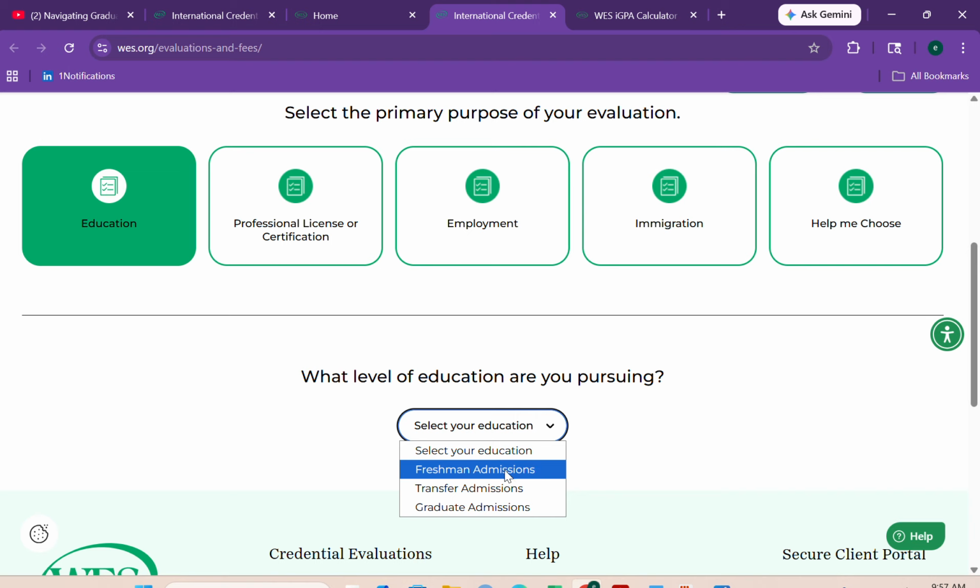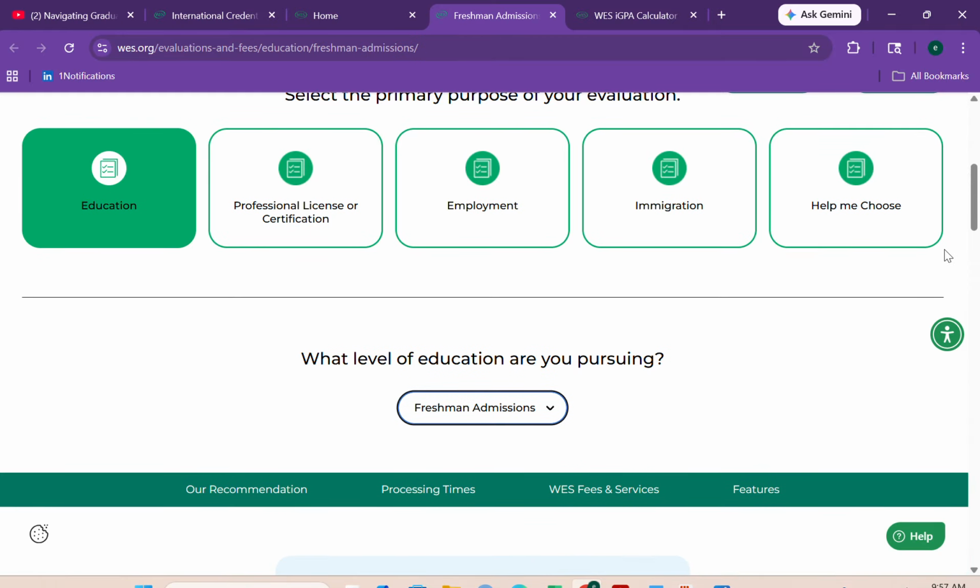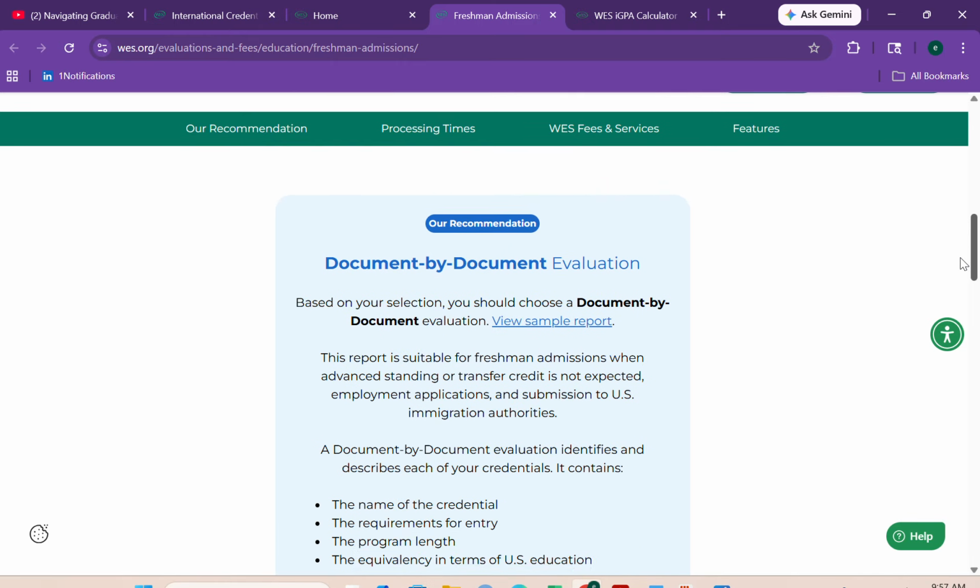If you are, let's say, from Ghana, and you are applying to study undergraduate programs, then you are considered a freshman. You've completed your high school and you're applying to study undergraduate programs in the US. So you click on freshman admissions, and then you see the cost involved down here.